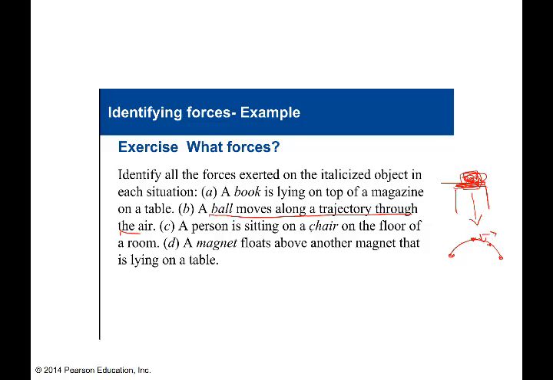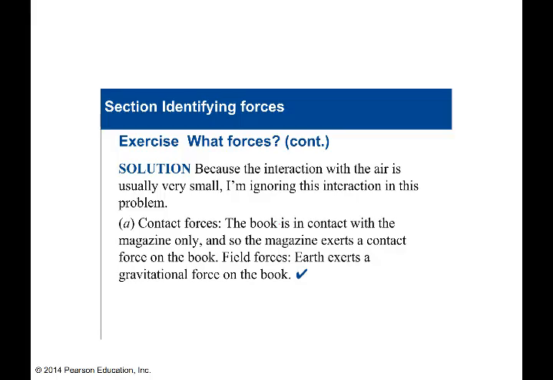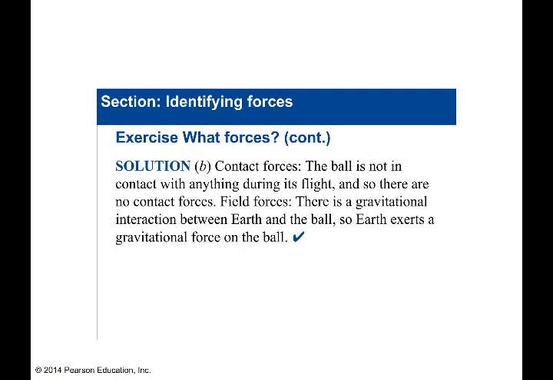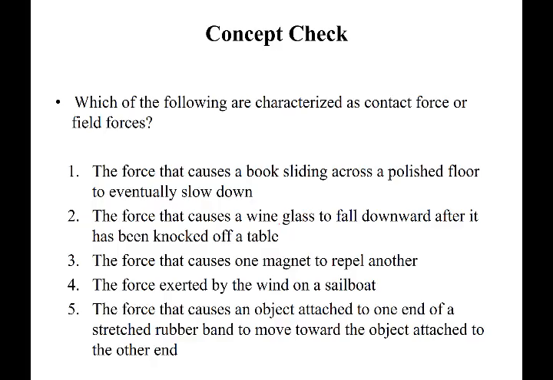A person sitting on a chair on the floor of the room. So I would say there's contact force with the chair, but there is gravitational force with the earth. A magnet floats above another magnet that is lying on the table. So this is a field force. So these are the examples, basically explaining all the options.